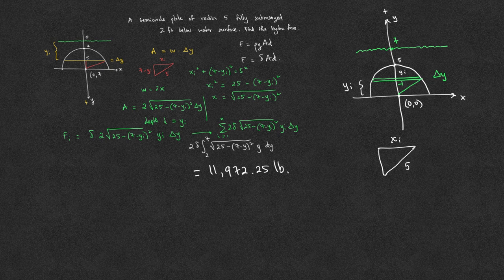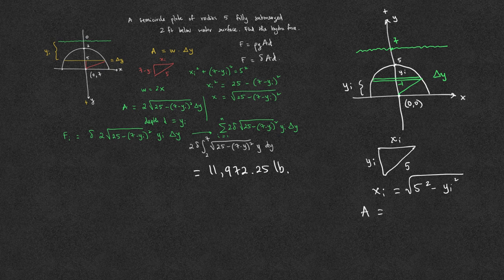It is the distance from the origin to the slice. With the vertical leg being y sub i, x sub i is simply the square root of 5 squared minus y sub i squared, as it should be, because we put the circle at the origin, and so the equation of the circle is x squared plus y squared equals 5 squared, which is what this is saying. And so the width of the slice is twice this distance x.